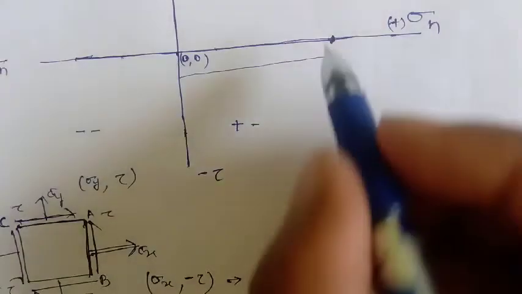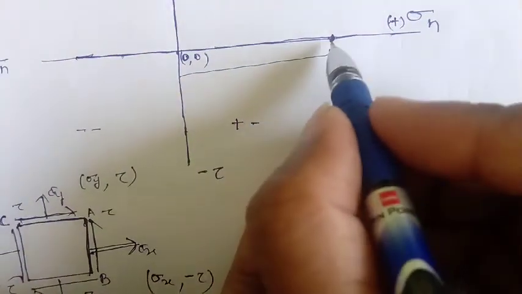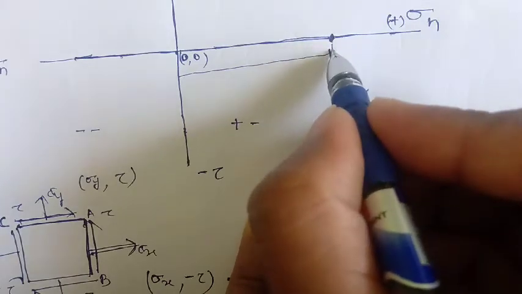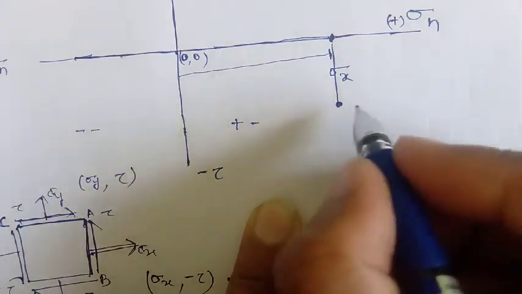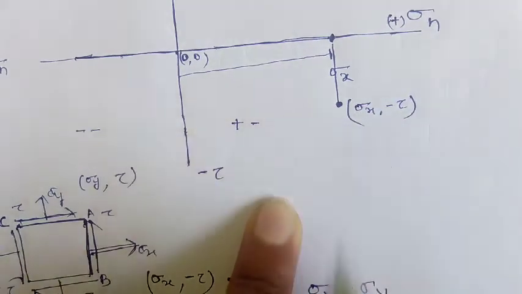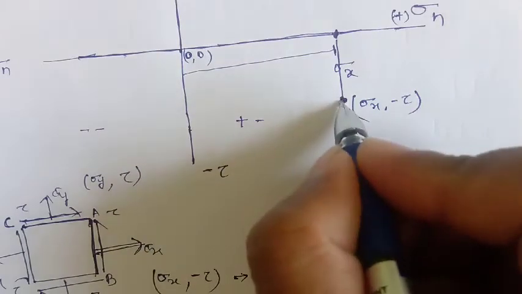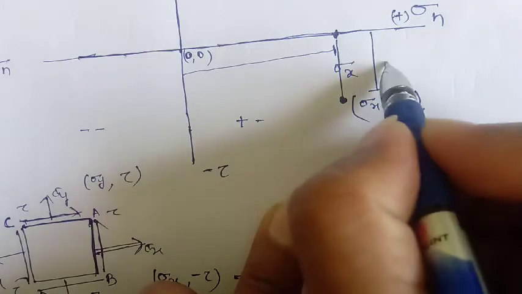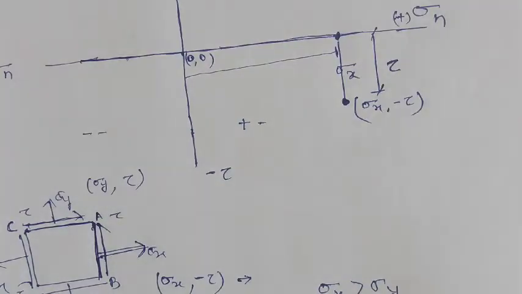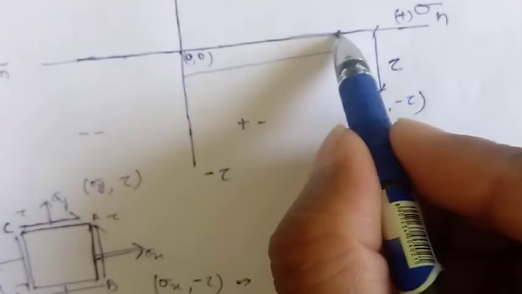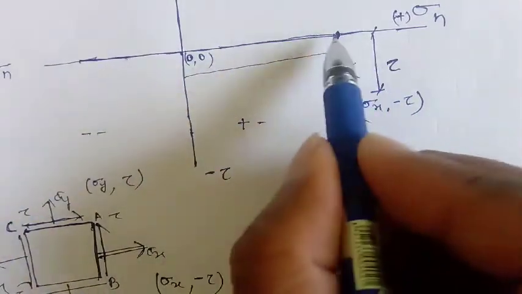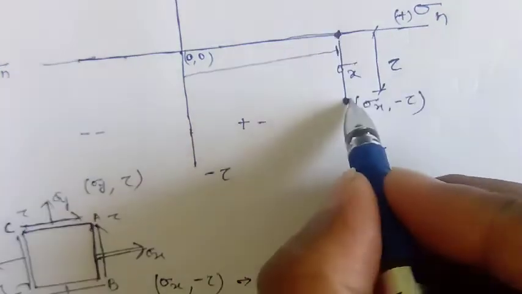Whatever the stress is in tau can be denoted here, because the tau is negative. So this will be our sigma x, minus tau. This is the coordinate system, and this is the tau, this vertical length. This x-axis is sigma x. Whatever the stress is, it can be converted into length first, and through this scale we make a point on that.